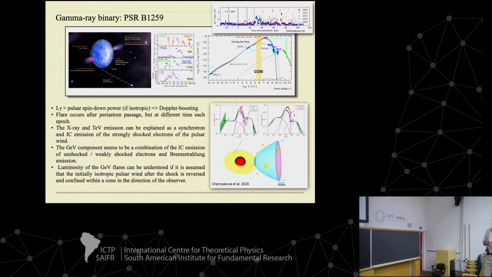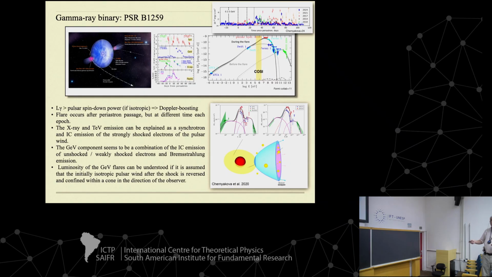Well, the idea is that since we have a relativistic wind here, this relativistic wind is confined by the wind of the companion star to some cone like this. And then the relativistic particles move at relativistic speeds along this cone. They are evacuated through this cone.